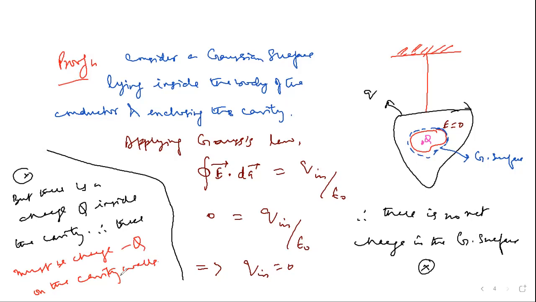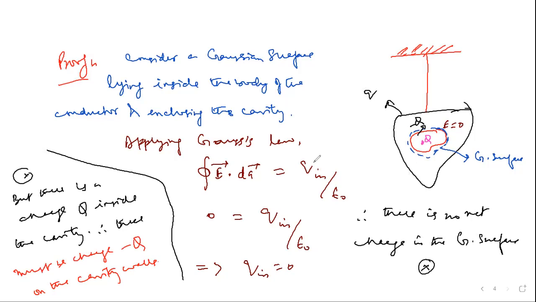The charge inside the Gaussian surface is 0. Plus Q is inside the cavity. Therefore, there must be minus Q charge. Let me use black color here. Minus Q charge on the cavity walls, in order to make the net charge inside the Gaussian surface 0. Q minus Q will then become 0.